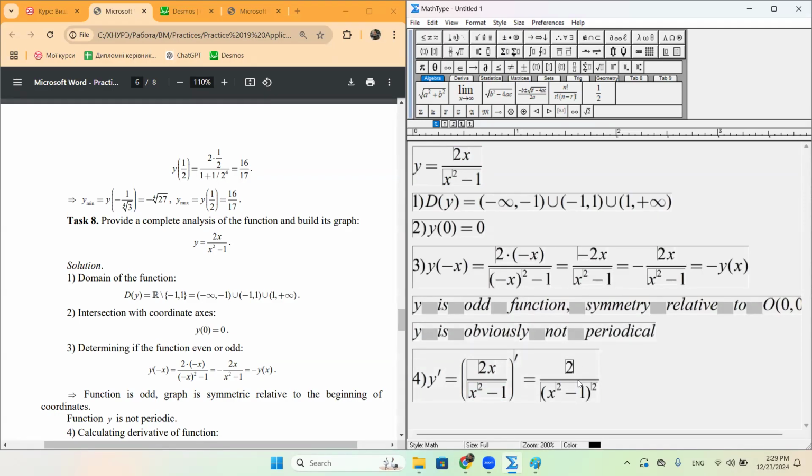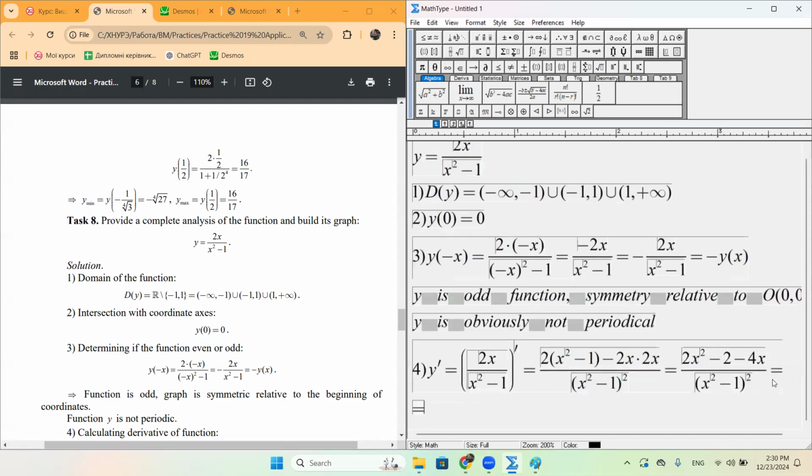So 2 times this expression minus 2x multiplied by 2x, power of 2.